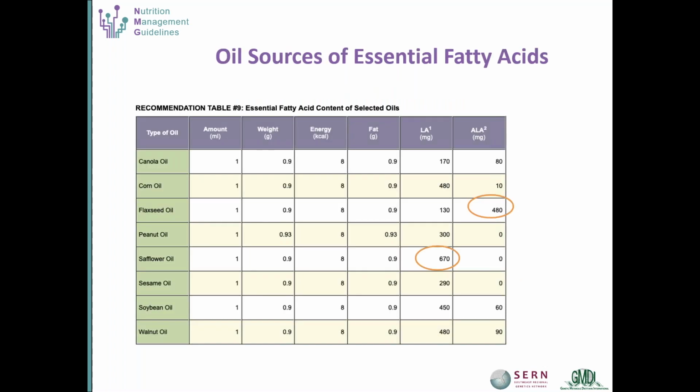These are the different oil sources of essential fatty acids. You can see if you want a concentrated source of linoleic acid, safflower oil is the highest. If you're looking for a source of alpha-linolenic acid, flaxseed oil is the most concentrated.